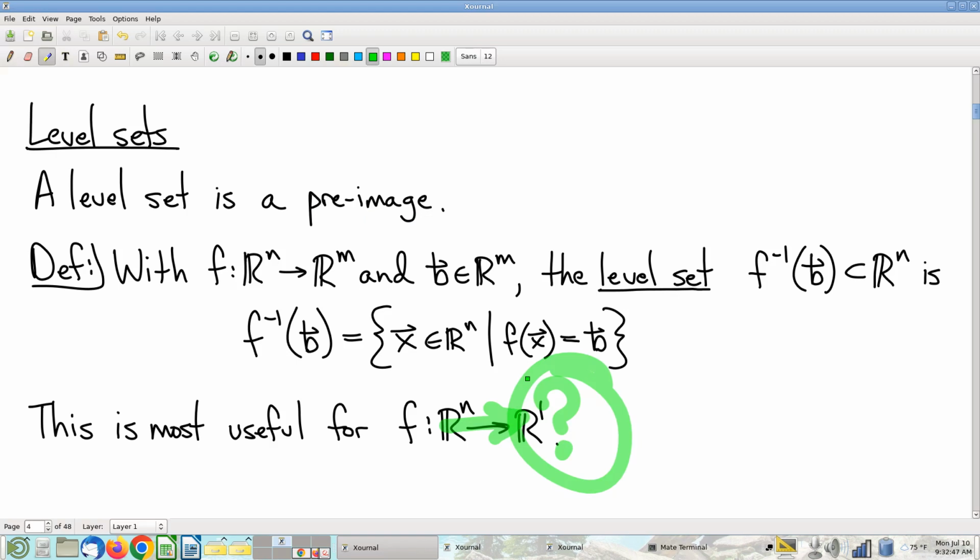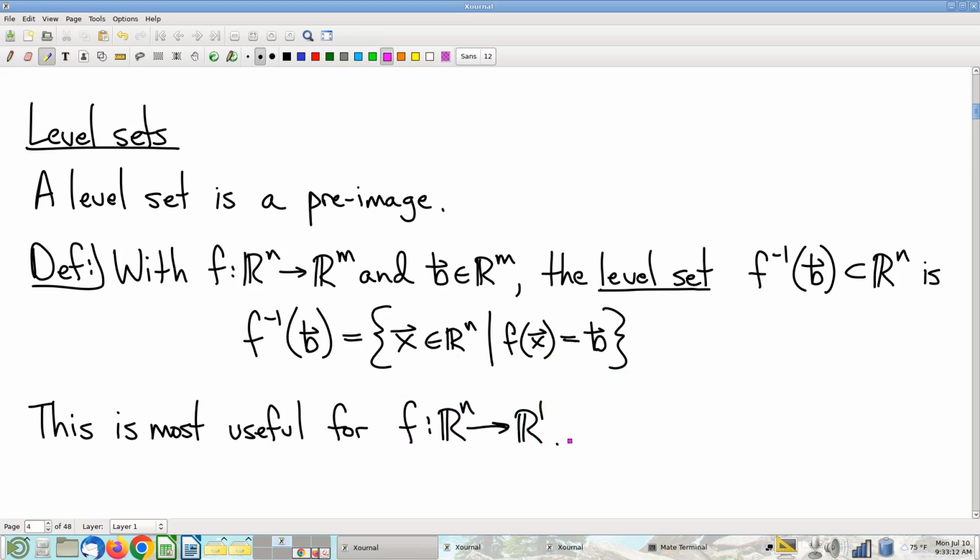When you put something in and you look and see what comes out, that thing that comes out is called the image. A pre-image is just going the other way in some sense. A pre-image says, given an output, let's ask the question, what are all of the inputs that land on that output? That's the idea of a pre-image.